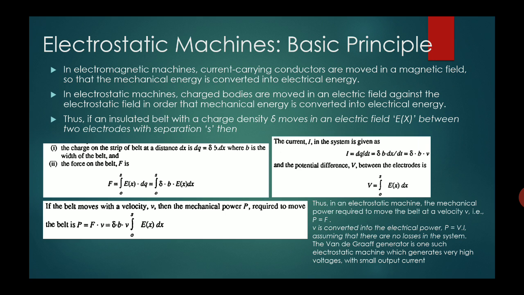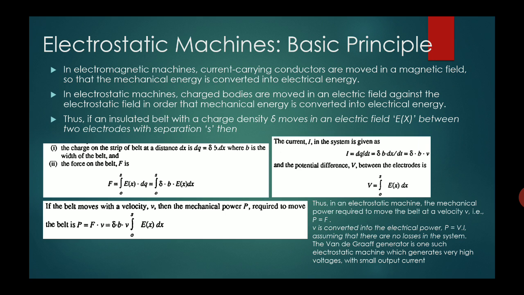So here, instead of the current, we are moving charged bodies in an electric field against the electrostatic field, so that the mechanical energy is converted to the electrical energy.